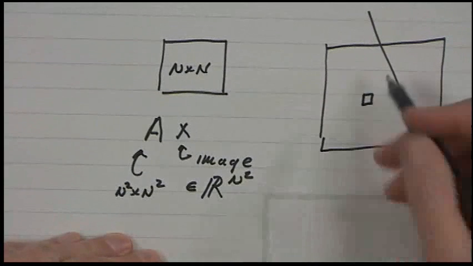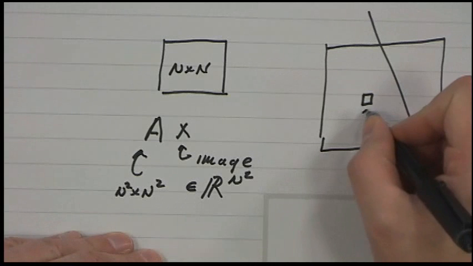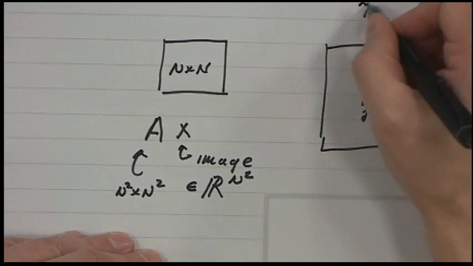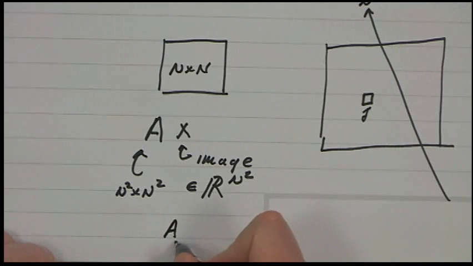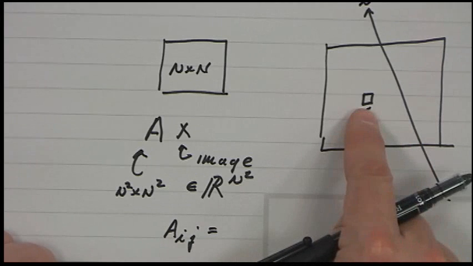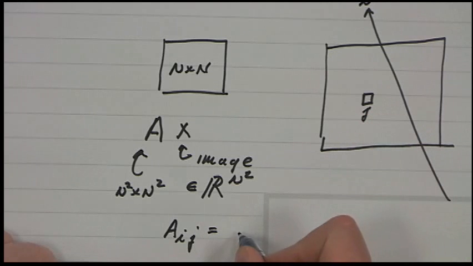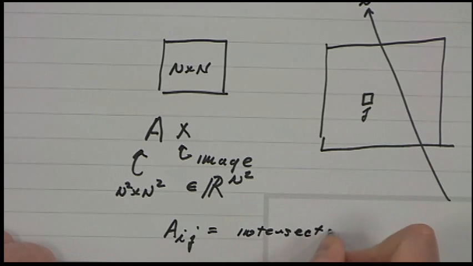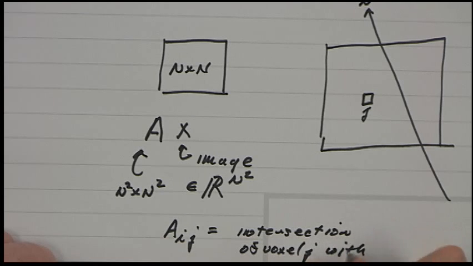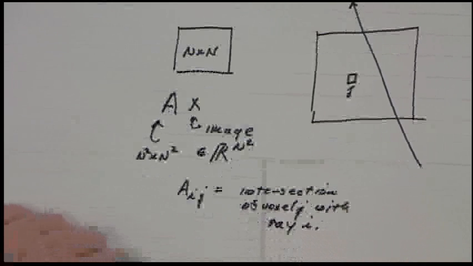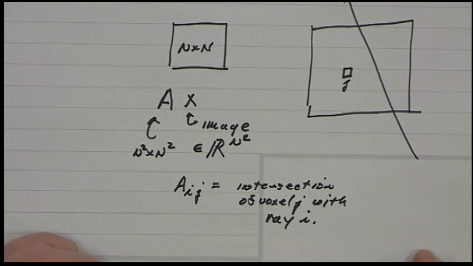So if this is voxel j and this is projection i, then the entry a_ij is the intersection of voxel j with ray i.